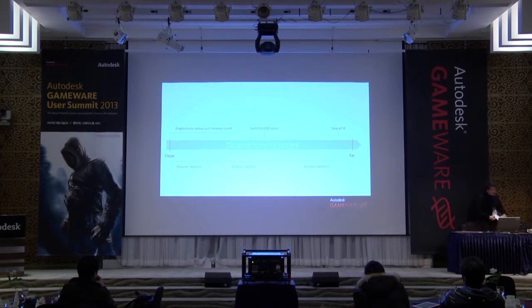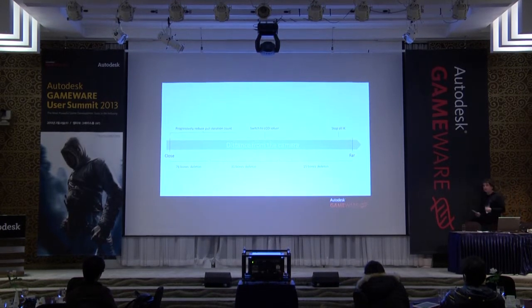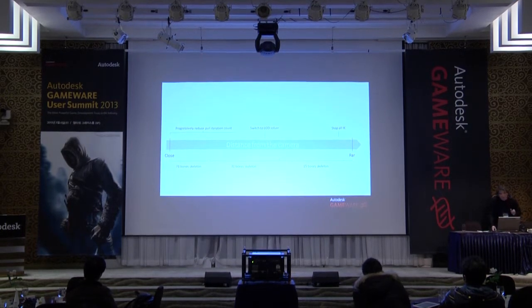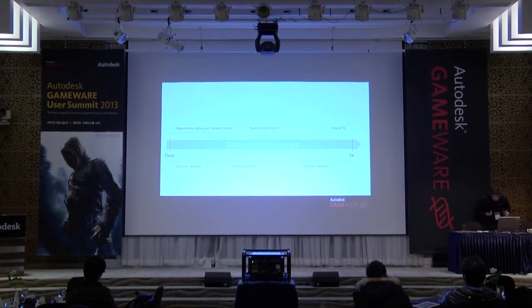Then there are many properties in HumanIK that you can tune progressively to improve the CPU consumption at the cost of quality. So, for instance, the pull iteration count, which is the most significant property when doing full body IK, should be progressively reduced when getting further from the camera.